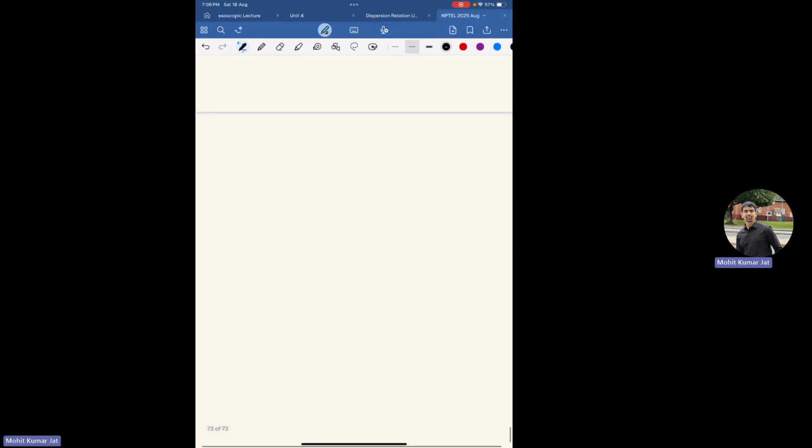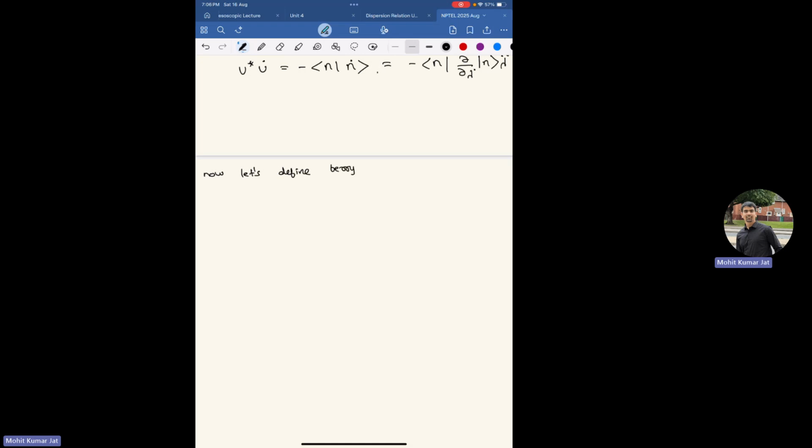And it is useful to define the Berry connection now. The Berry connection is given as A_i(lambda) equals minus i <n| del by del lambda_i |n>, where n are basically the energy states.